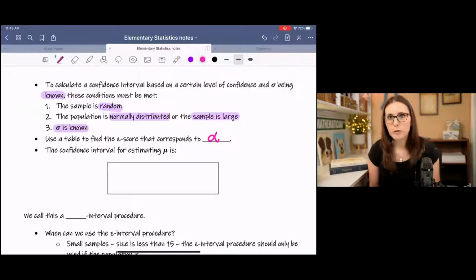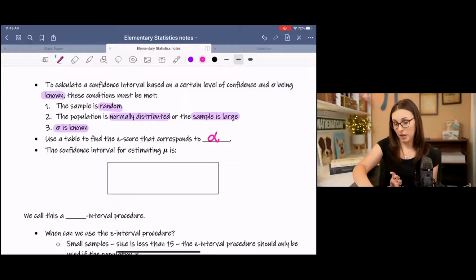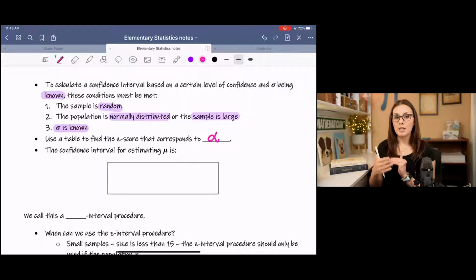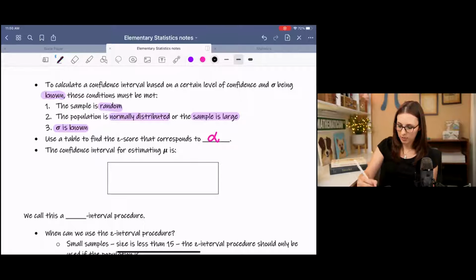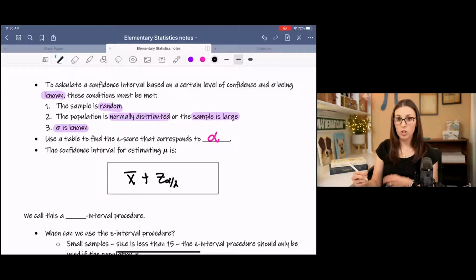So we have a formula I'm going to show you in just a second. What we don't know is the population mean, but what you do know is a sample mean. We're trying to estimate the population mean based on the sample mean. So we have a sample mean, and we have a Z-score, which is the number of standard deviations from the mean.